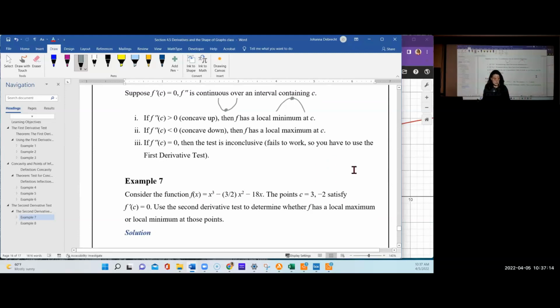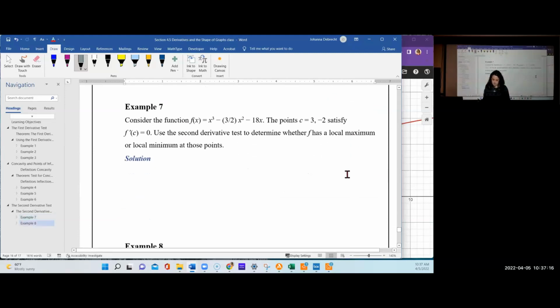So let's take a look at example 7. Consider this function here, which is a polynomial function. So our domain is going to be all reals. And the points 3, -2 satisfy the first derivative equal to 0. So I've already given you the critical values.